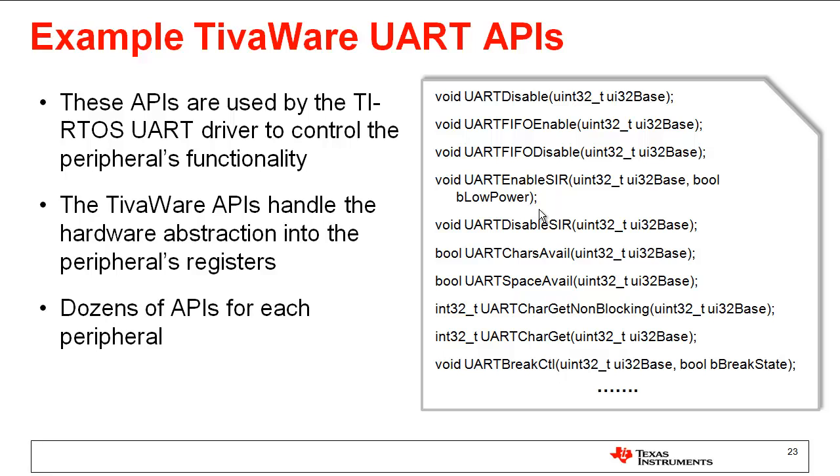They abstract away the details of the particular register, so you have a nice symbolic interface to manipulate it, rather than working out that bits 4 and 5 of this register have to be set to set the parity, for example. These APIs are used by both the board.c file for initialization and the UART driver itself to control the UART's functionality. So you do not typically see these APIs at the TI-RTOS level.